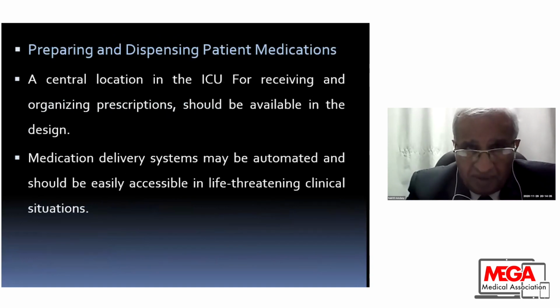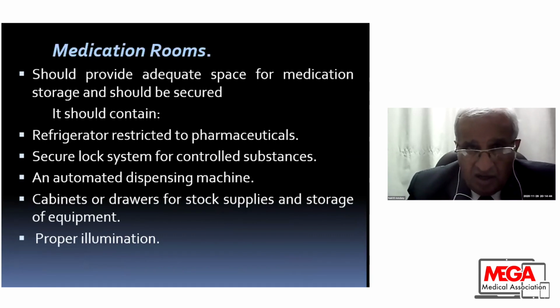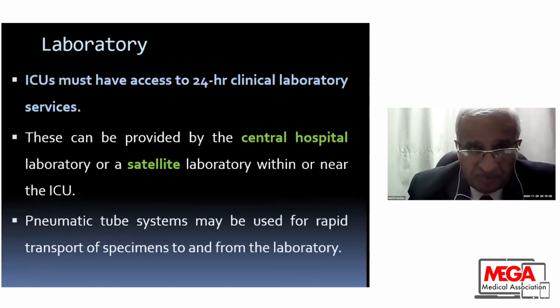A place for preparing and dispensing patient medications should be available. The medications room should provide adequate space. It should contain a refrigerator, a secure lock system for controlled substances like narcotics, an automated dispensing machine, and cabinets or drawers for stock supplies. In the meantime, proper illumination.